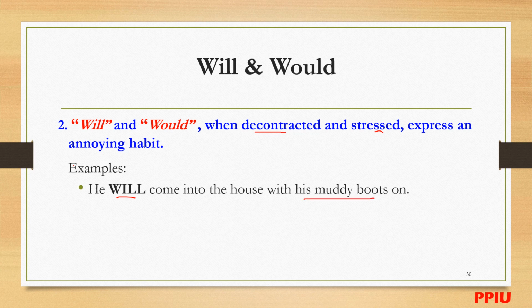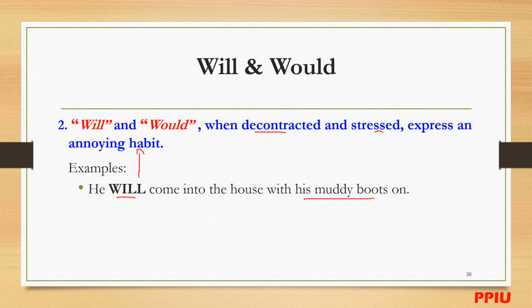Not taking them off, but just putting them on and walking across the house or something in here. So it will show that part. So when you use it in the contracted form, like apostrophe double L, it will show a pleasant or unpleasant habit, something that can show a positive or good habit there. But will, when it is not contracted, it will express an annoying habit in here.